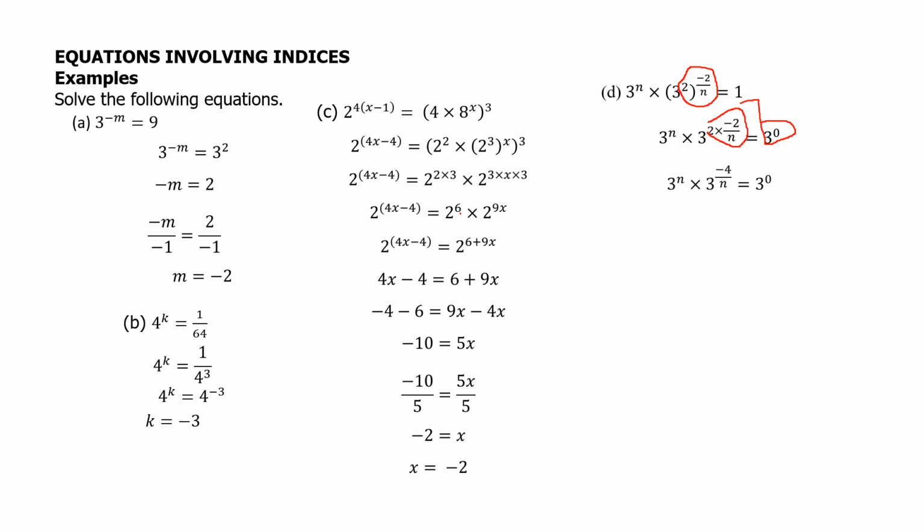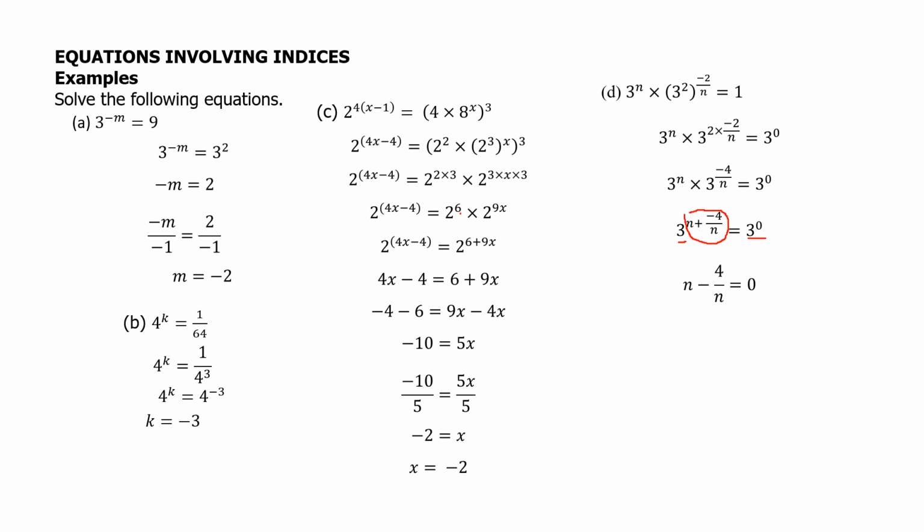Then we add this power to that power because the bases are the same. So having one base on one side and the same base on the other side, we equate the powers, that is n plus negative 4 over n is equal to 0.